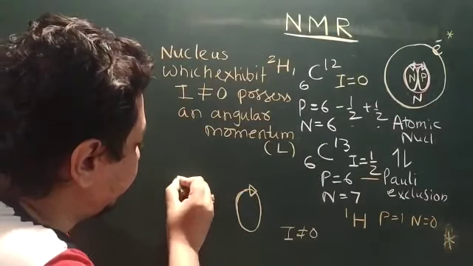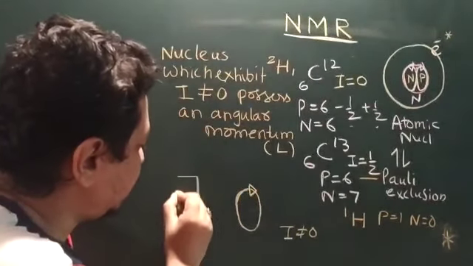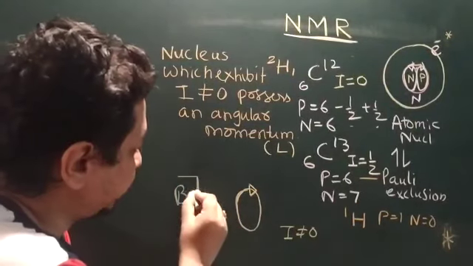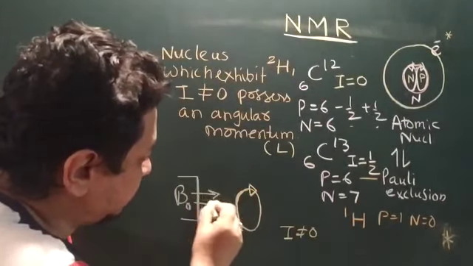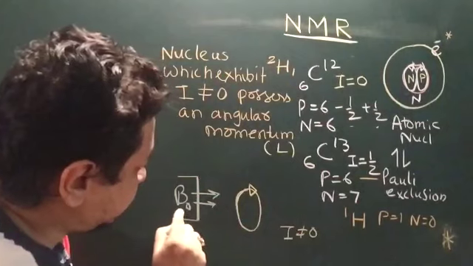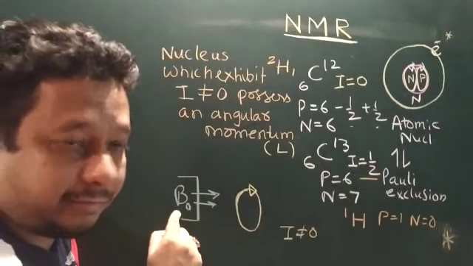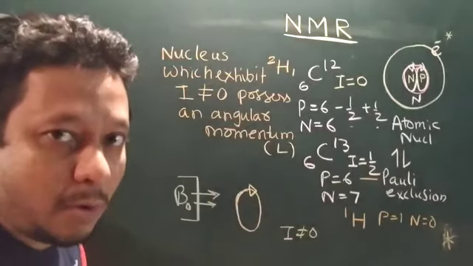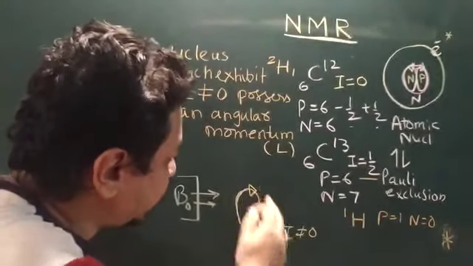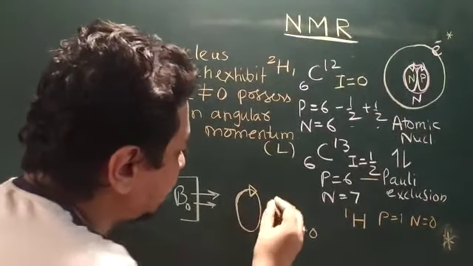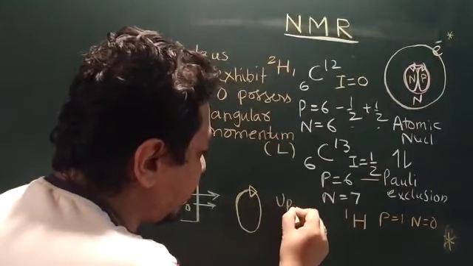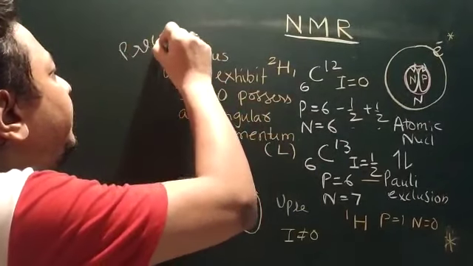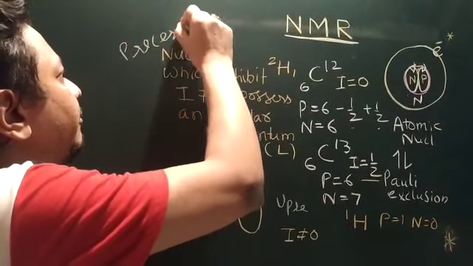So if you place an external magnet in front of this nucleus, it tries to rotate as per the strength of the external magnetic field. This rotation is different from angular momentum, and it is considered the precessional frequency.